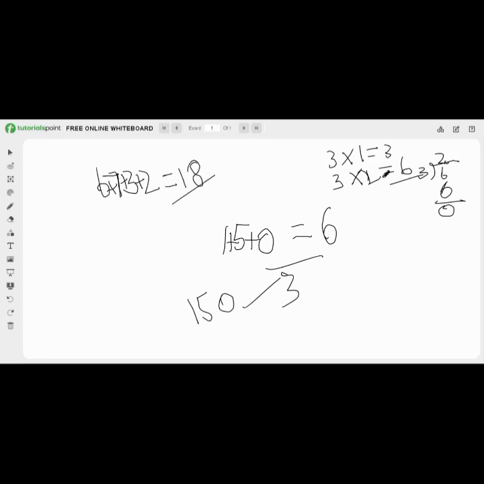So 18 is in the 3 table and it's divisible by 3. So this number 6, 7, 3, 2 is also divisible by 3.